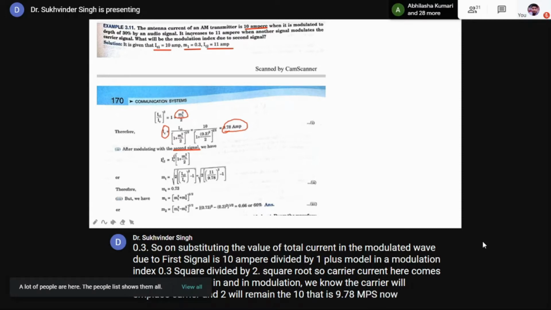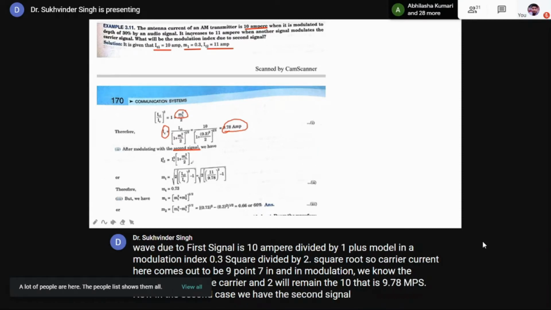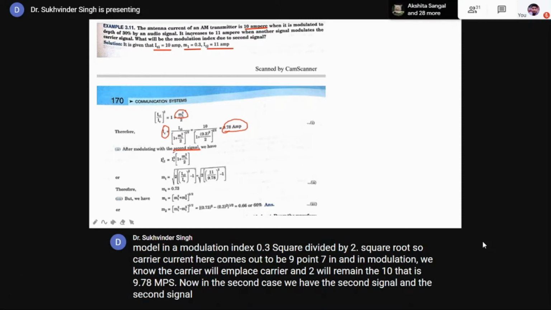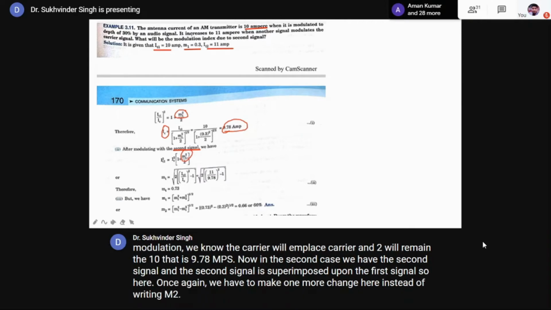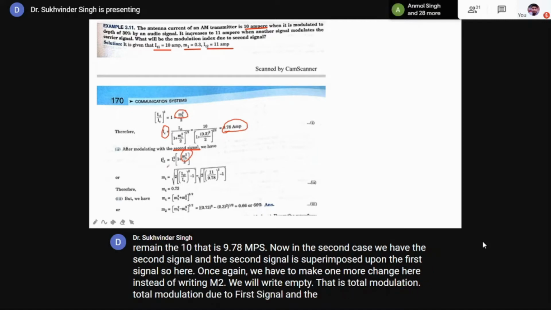Now in the second case we have the second signal, which is superimposed upon the first signal. Here once again we make one more change: instead of writing M2, we write MT, that is the total modulation due to the first signal and the second signal.